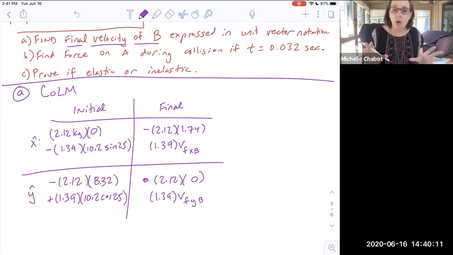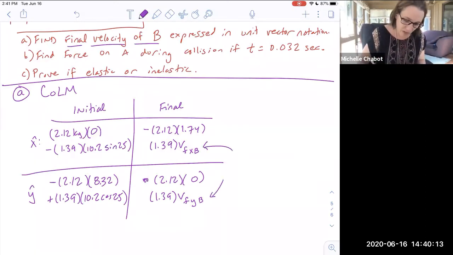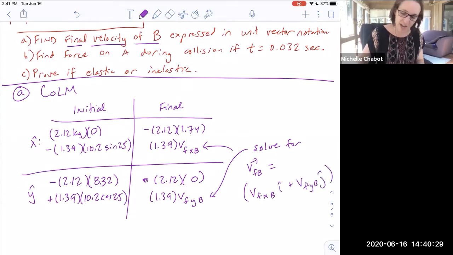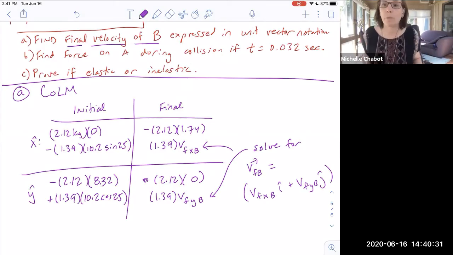So I want to solve for v final of object B, which is going to be equal to v final x in the i hat direction, plus v final y in the j hat direction. So that's my end goal.